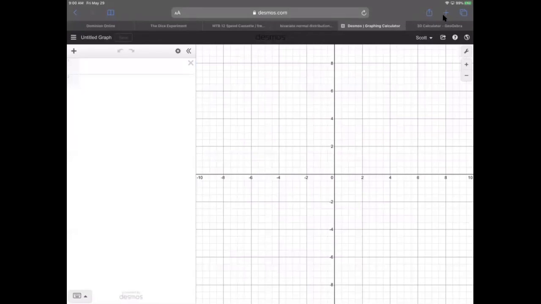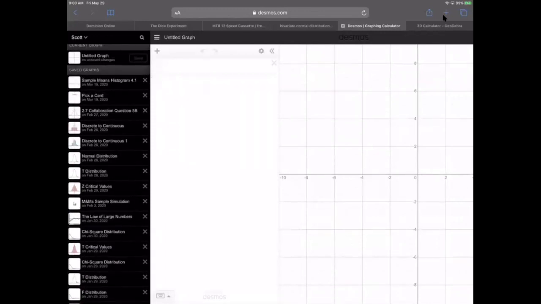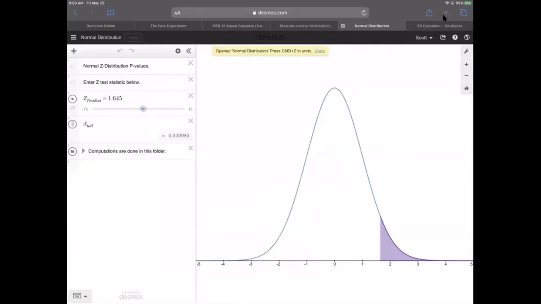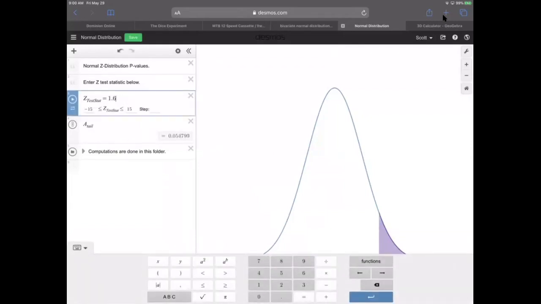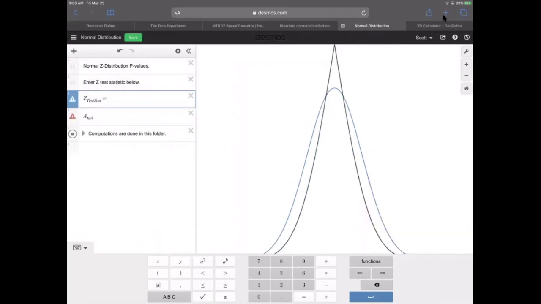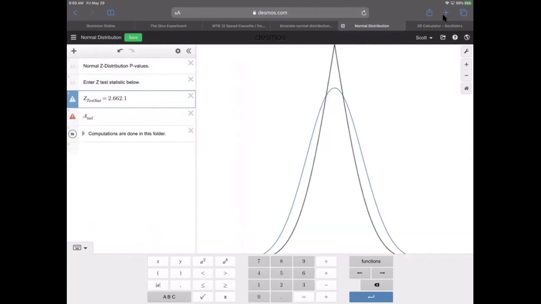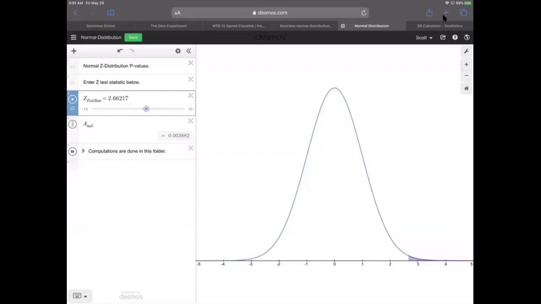Okay, and so somewhere in here I've got my z, my normal distribution p-values. So all I have to do is type in what we got. It was 2.66217, I think is what we're using. So 2.66217. Whoa, that's wrong. Okay.